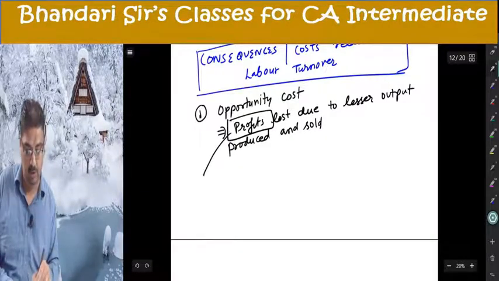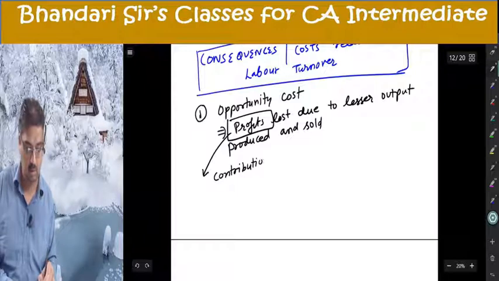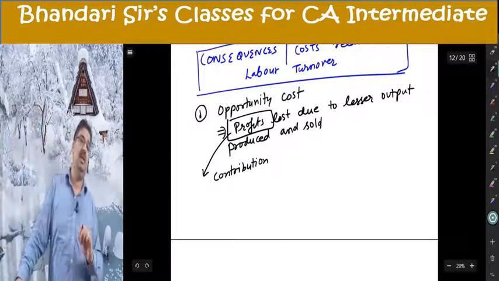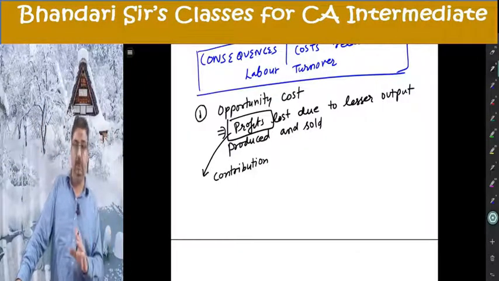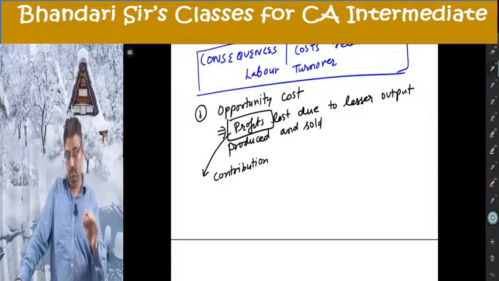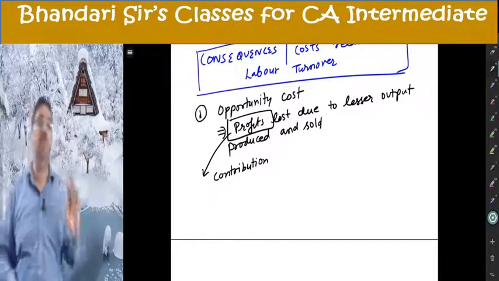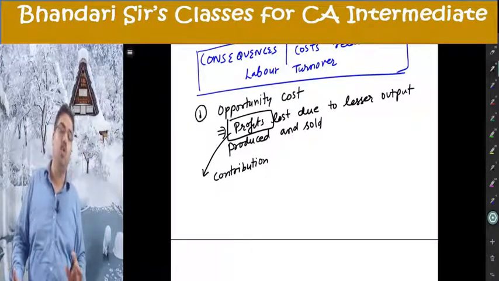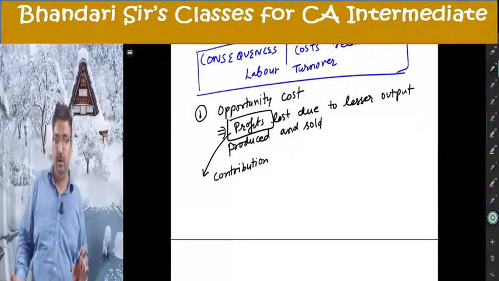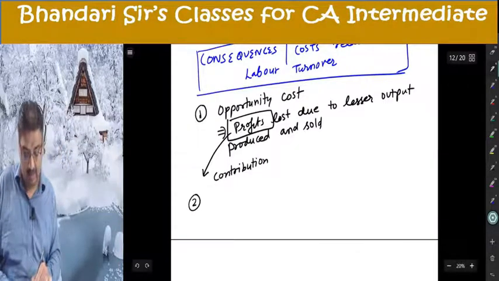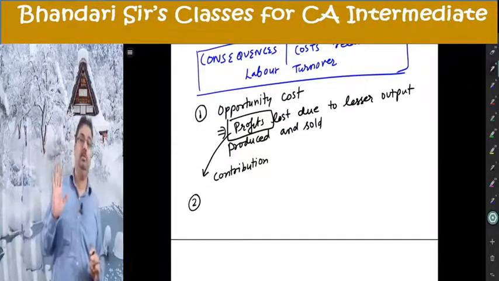Instead of profit, we can use the term contribution also. We will be doing this later in marginal costing. What is contribution? What is profit? What is the difference? But here we can use the term contribution for sure. How to compute it, we will do in a practical question later. Other than that, this is opportunity cost.